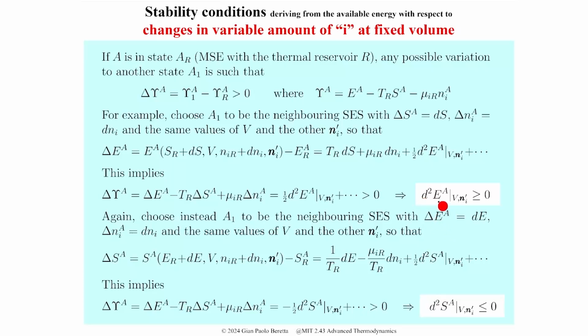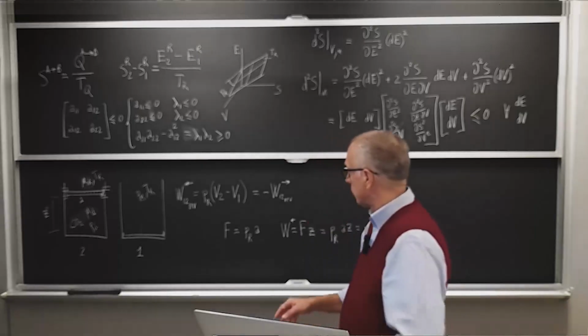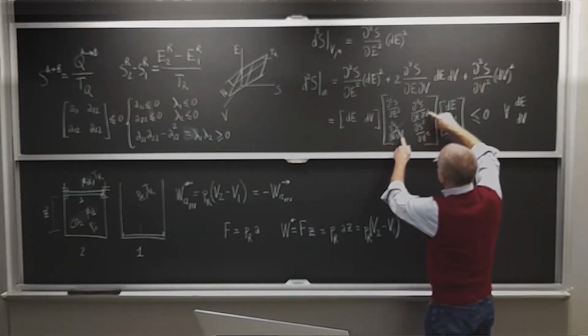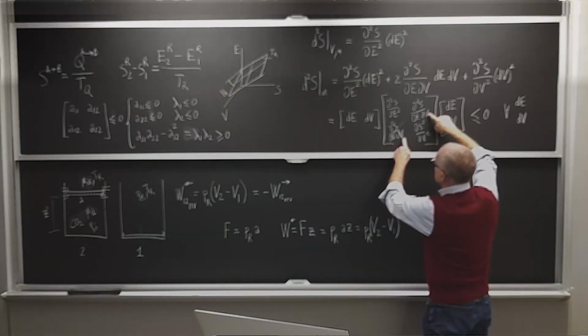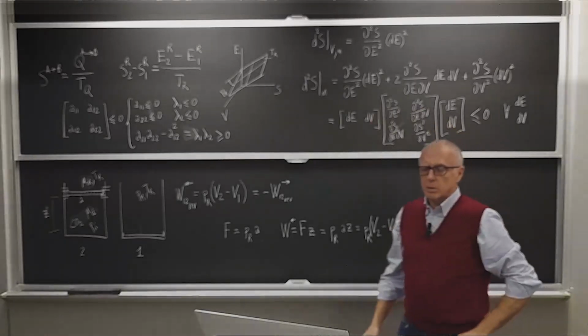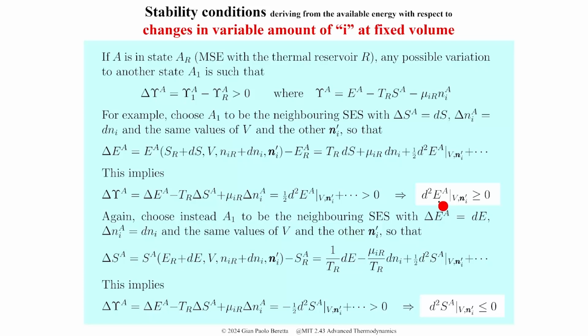For the second differential of the energy, now it will be like this, but not with volume, but with Ni that substitutes, and that's the expression for these second order differentials.